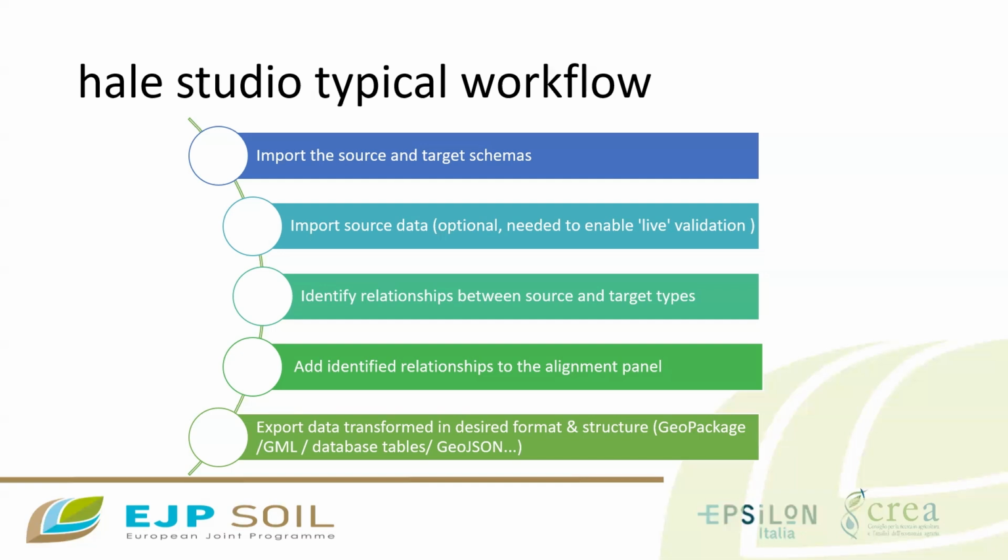So which property goes mapped into which property of the target type, and add identified relationships to the alignment panel in Hale. And then you export data transformed by Hale in the desired format and structure. Can be Geopackage, GML, database tables, could be GeoJSON, can be really different formats for any needs.